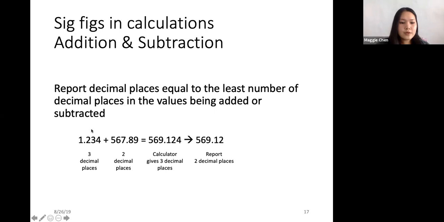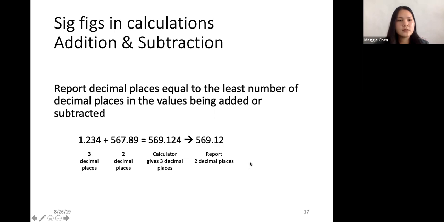So if we're going to add 1.234, which has three decimal places, or 567.89, which has 2 decimal places, we're going to go with the least number of decimal places between these two values. If we add them together, our calculator gives us this number with 3 decimal places, which makes sense, but we're going to report it with 2 decimal places. So our final number would be 569.12.